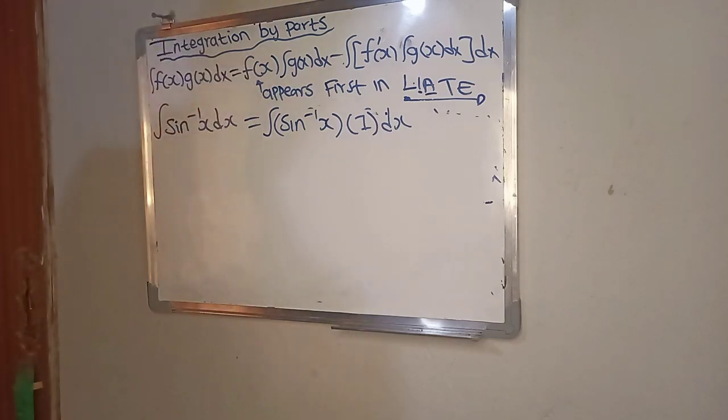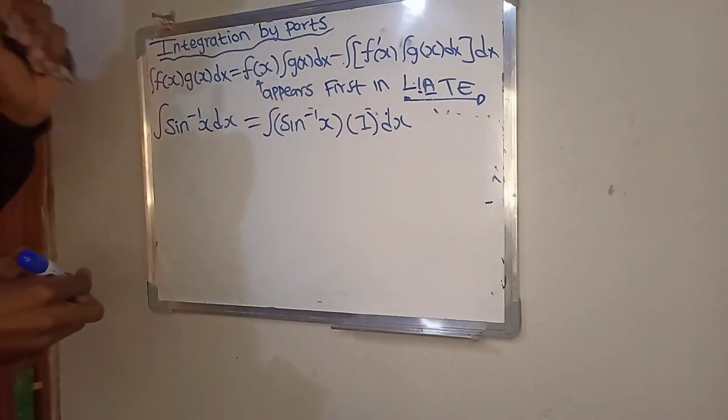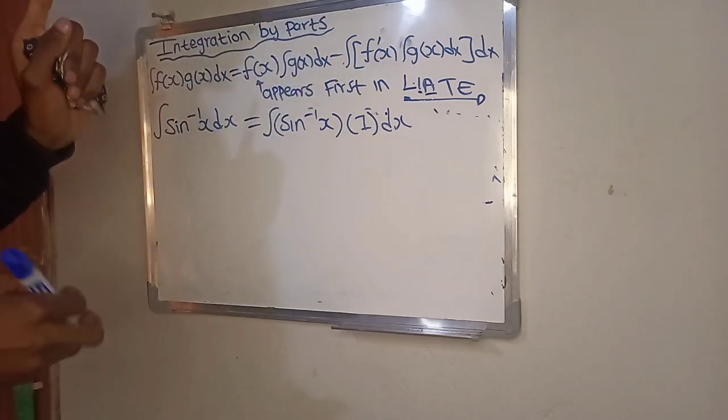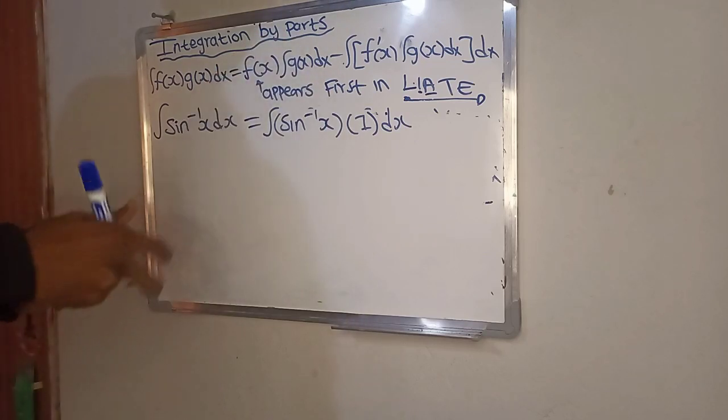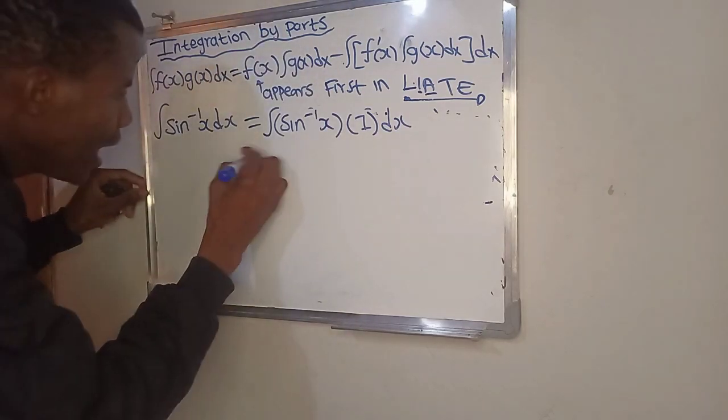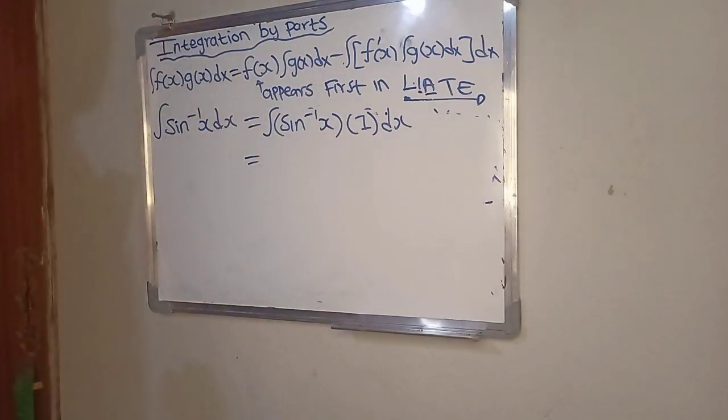So what form is the sine inverse of x and what form is 1? Sine inverse of x, if I check from LIATE, is inverse, which comes before 1, which is algebraic. So it means that sine inverse of x is your f(x).